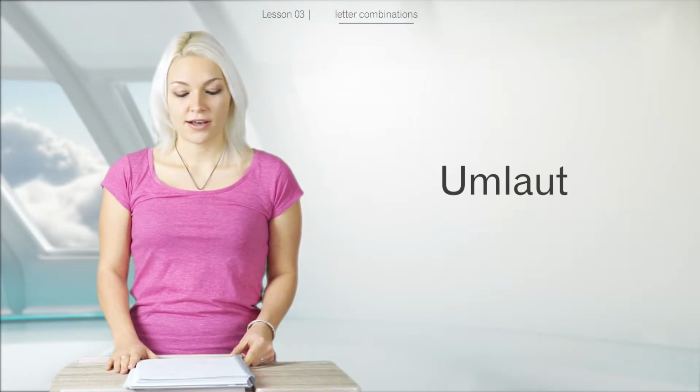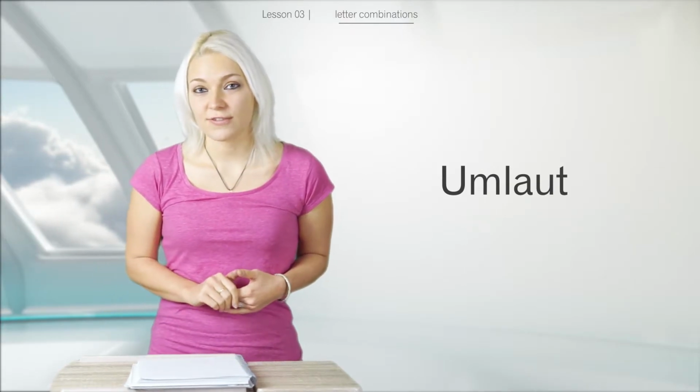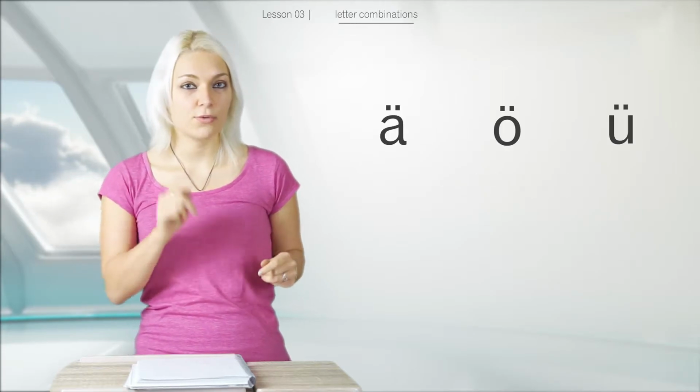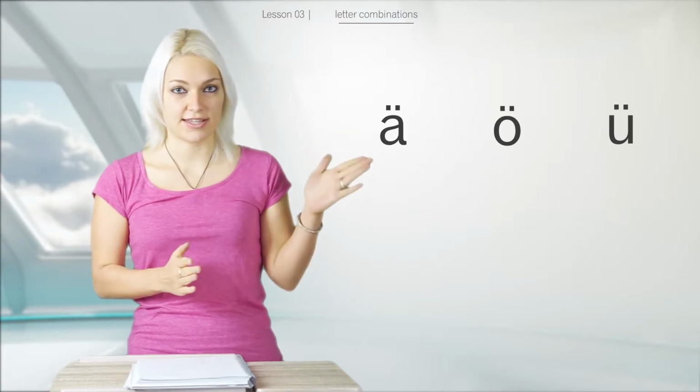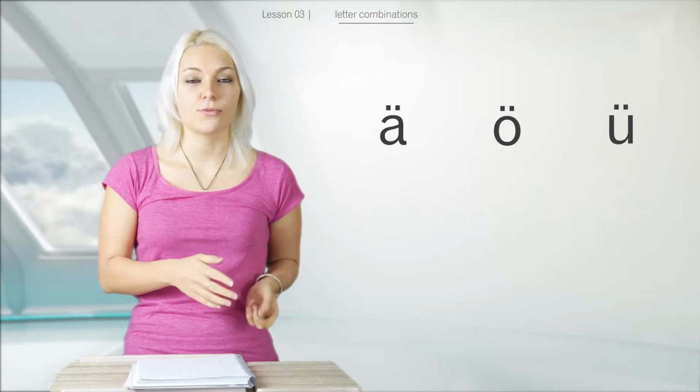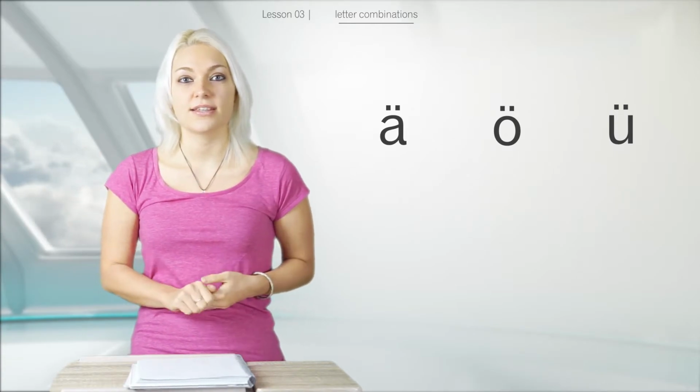You might have heard about Umlaute. Umlaute are combinations of letters which you see as A, O or U with 2 dots on top, as you can see here. So here we have the first one, A with the dots is pronounced Ä.